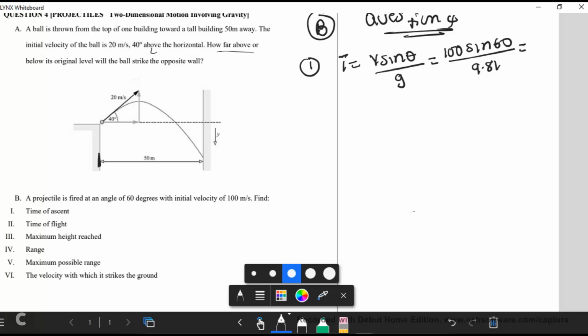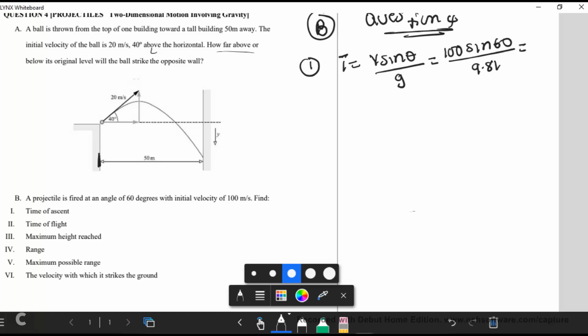Now here it will be 100 sine 60 divided by 9.81.